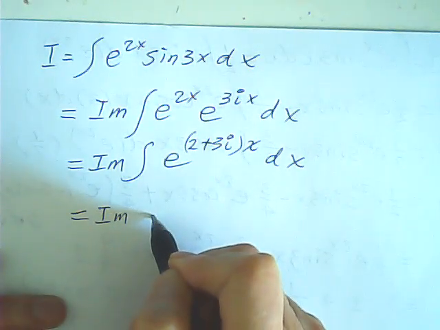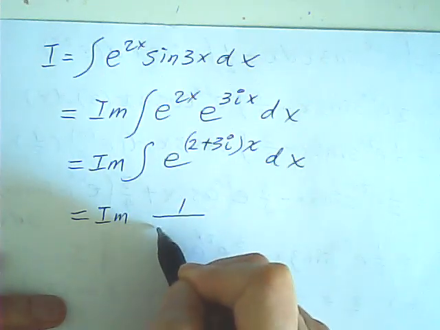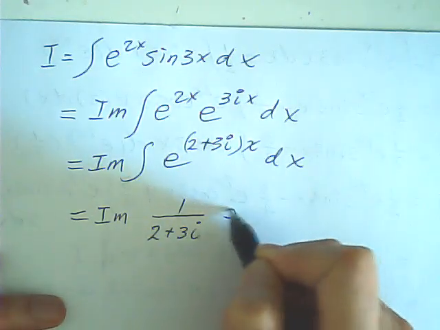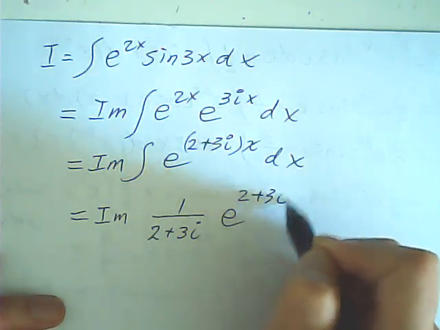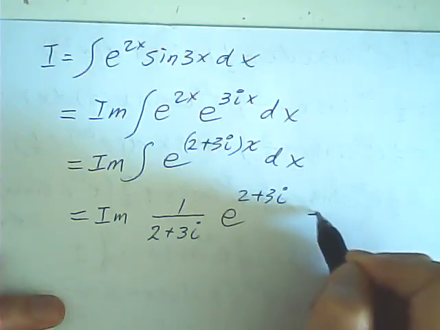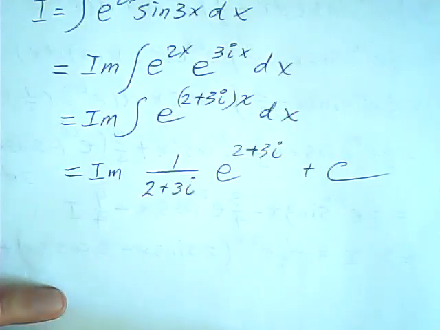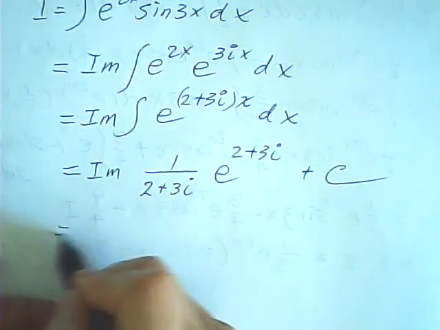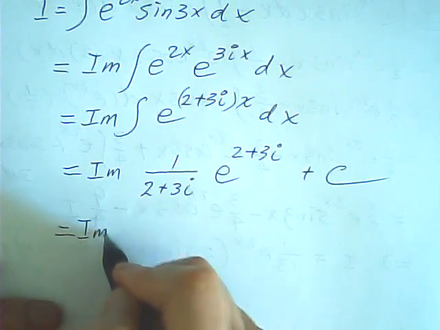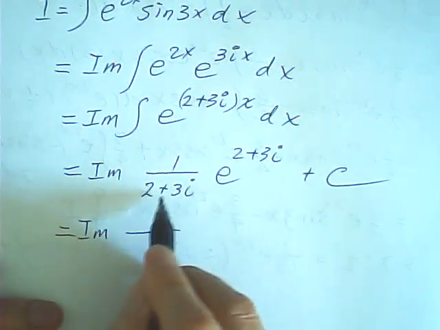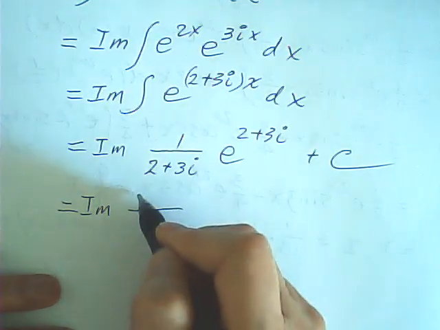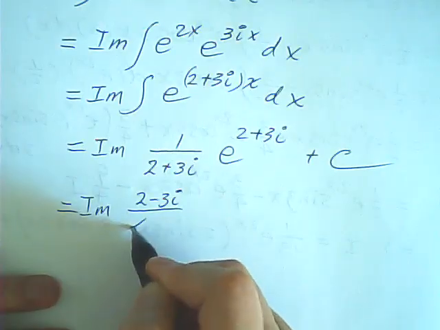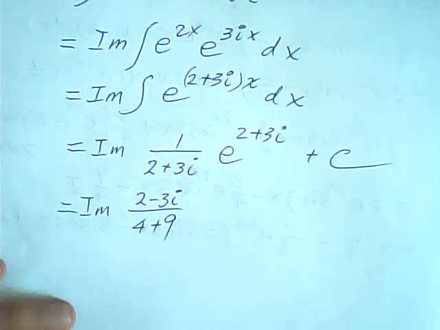This becomes 1 over (2 plus 3i) e to the (2 plus 3i)x, right, plus c. Now I have time. I multiply by the conjugate. So 2 minus 3i. This will be 4 plus 9.